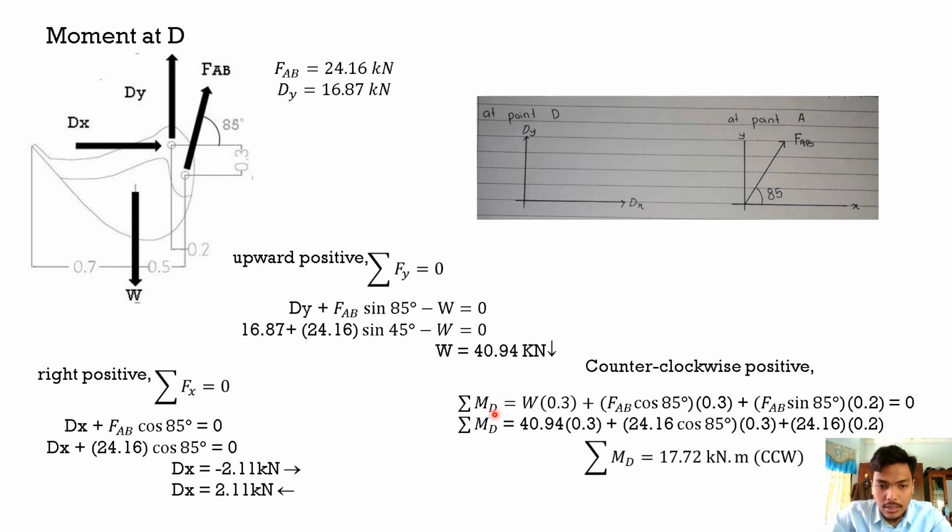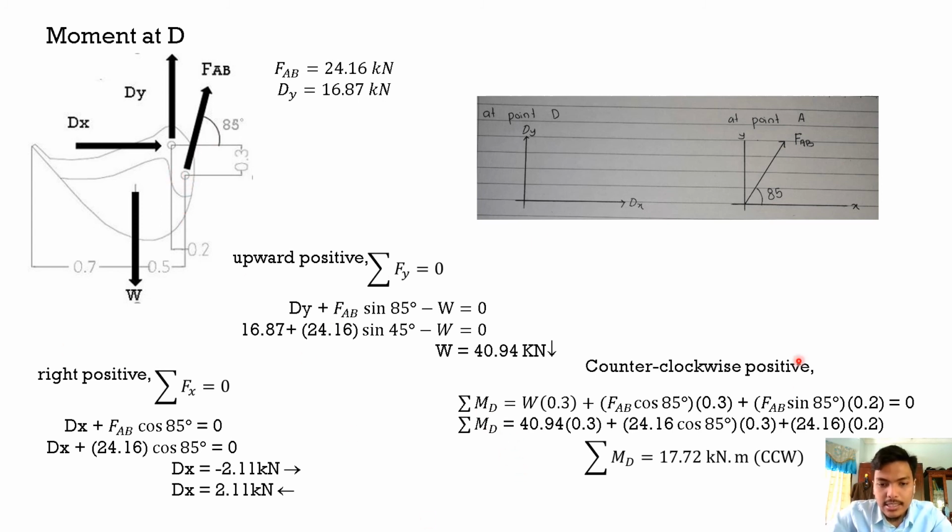The equation will be summation of moment at D equal to W times 0.3, which is 0.5 minus 0.2, we get 0.3, plus FAB cos 85 times 0.3, plus FAB sin 85 times 0.2.